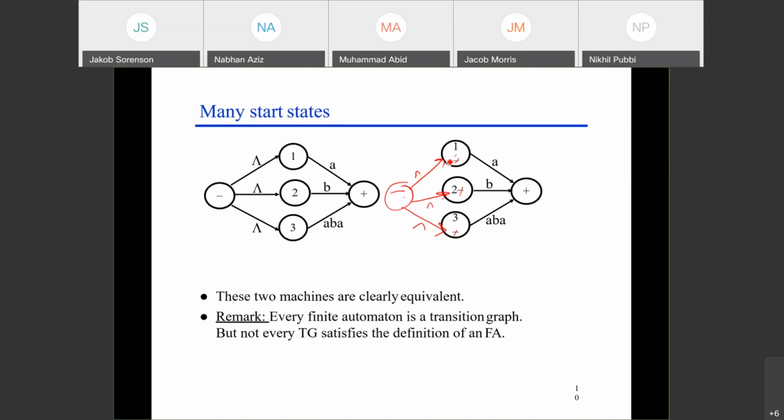This way, we reduce multiple start states to one start state by adding lambda, and it does not change the behavior of the machine. The machine still has the same behavior. So these two machines are equivalent to each other.